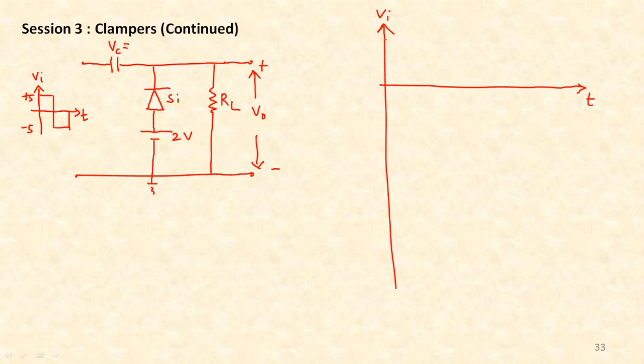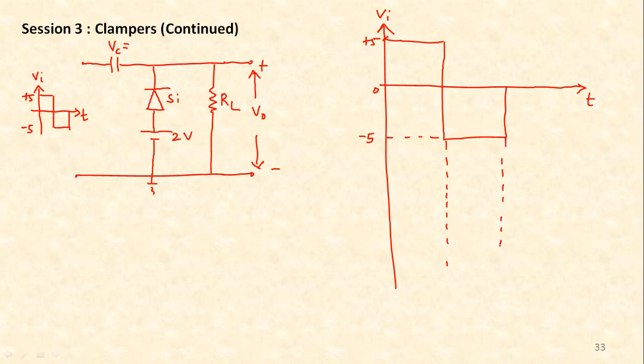So the input is Vi and it is a square pulse. We'll be talking about triangular as well as sinusoidal waveforms once this problem gets over. So plus 5 and minus 5. For better representation, I am drawing the vertical lines. And that's our output signal V0.